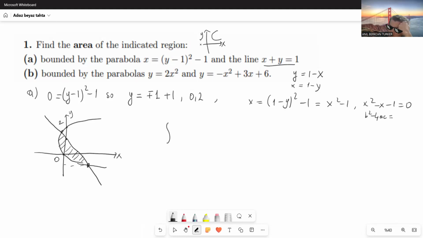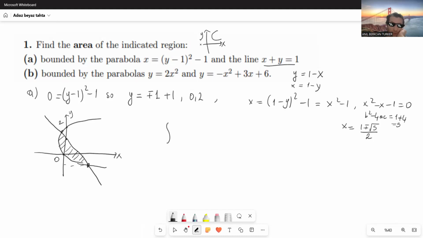Okay, b squared is 1, so 1 plus 4, it's like 5. So my roots are, but they will be in terms of x. Not good, nice. Anyways, so it's 1 plus minus square root of 5 over 2.